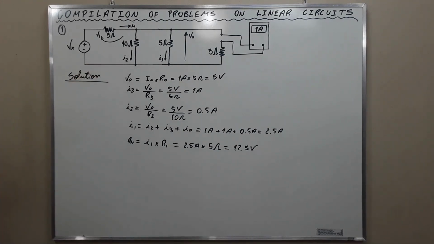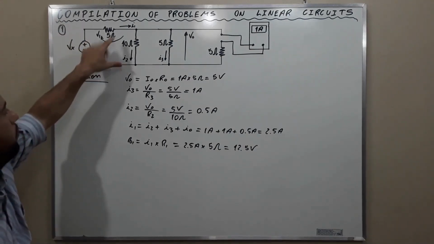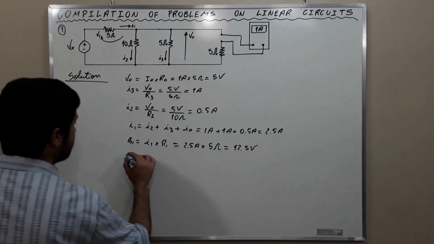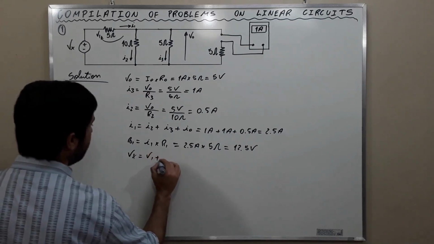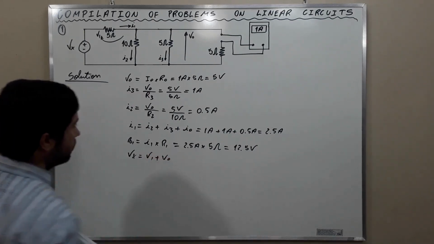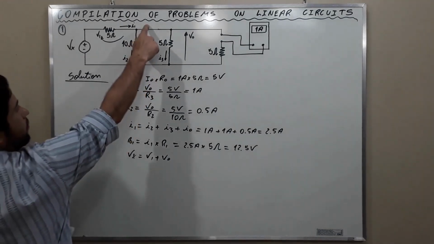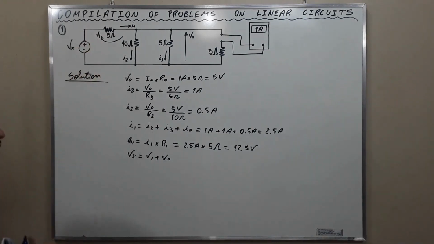And we know here that this voltage here is equal to this voltage here plus the voltage here. Okay? So Vx is equal to V1 plus VO. From here to here, VO. From here to here, V1. And they together give Vx.